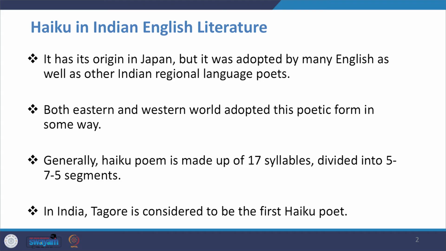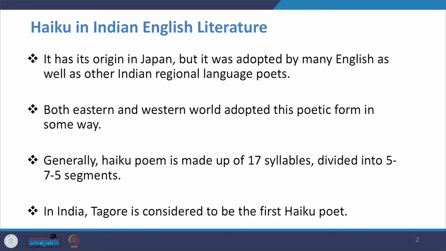As we discussed the other day about the tradition of haiku in Indian English literature, you all remember that it originated in Japan and it was adopted by many English as well as other Indian regional languages also.